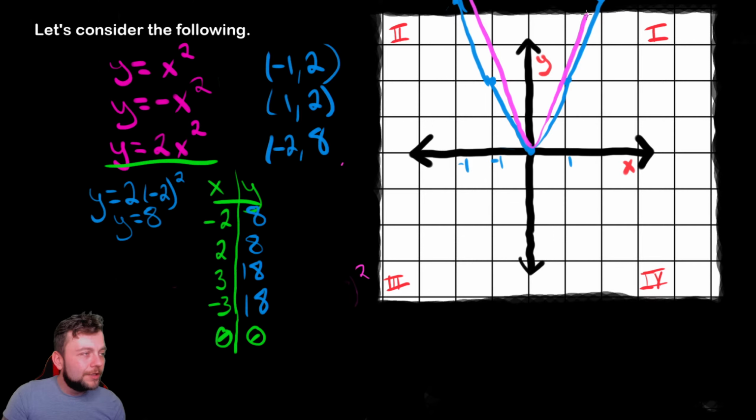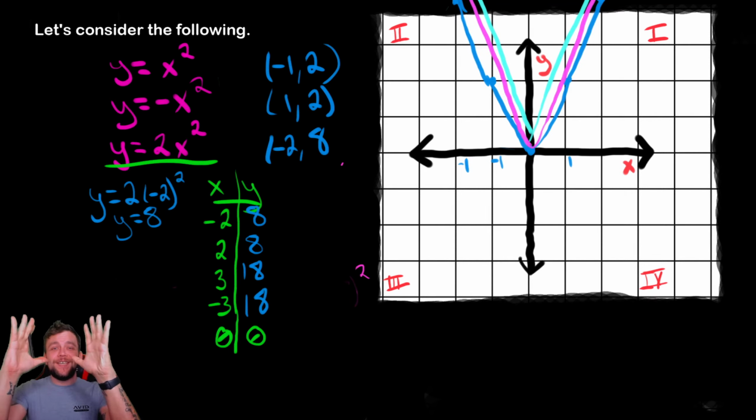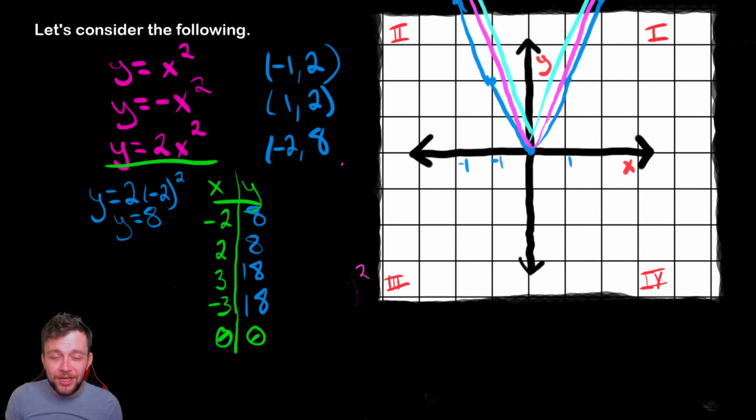So if we continue to increase the a value in our quadratic, it will continue to get steeper. We will continue to bring this in where it keeps skyrocketing upwards faster and faster, right? Pretty cool. Pretty neat. Let's not do that same color.